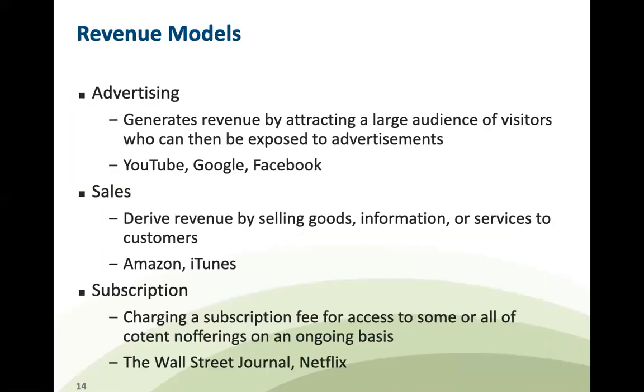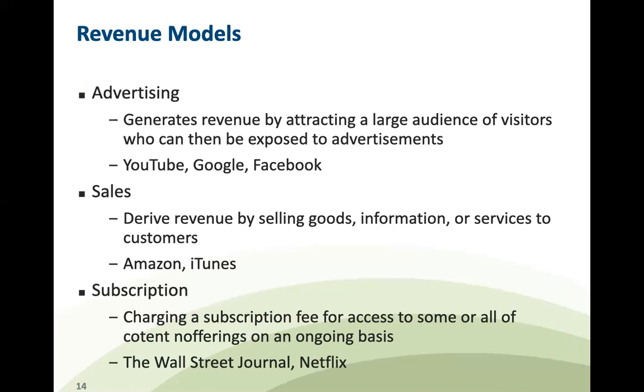Right. So revenue models, right? There are several revenue models. One is advertising, which generates revenue by attracting a large audience of visitors who can then be exposed to advertisements.